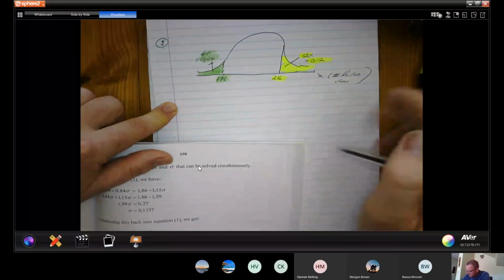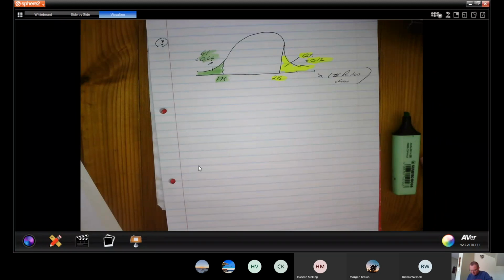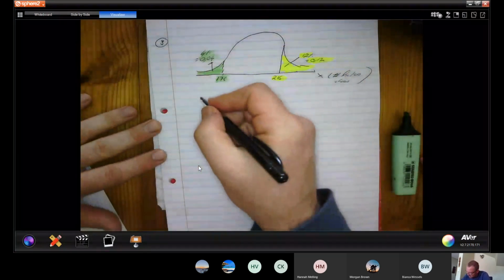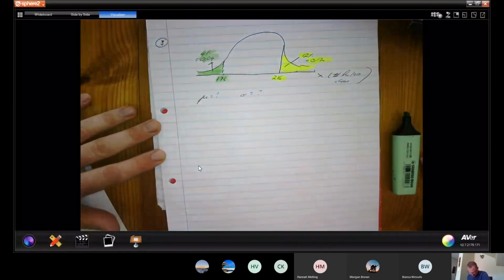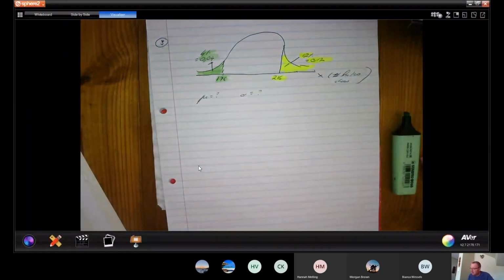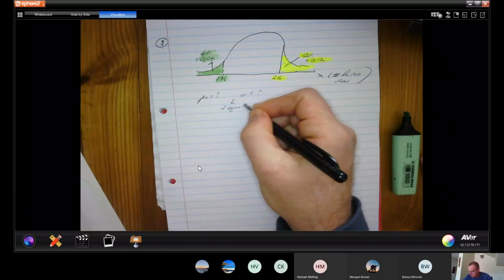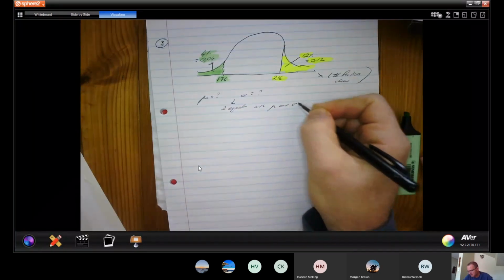Okay. So what do we need? The question says, go find the mean and standard deviation. So we're looking for the mean and we're looking for the standard deviation. Okay. Right. So what am I going to need? I'm going to need two equations. In order to do that, I need two equations with the variables mu and sigma.